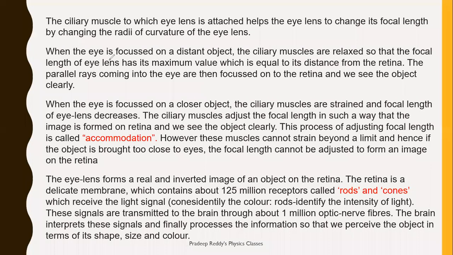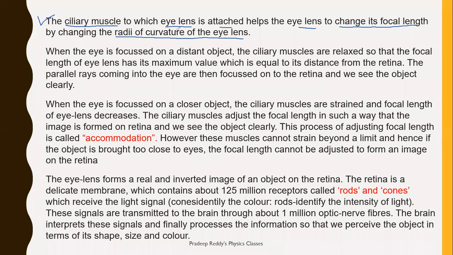Coming to the first point, the ciliary muscle. I have already told you where the ciliary muscles lie in our eye. The ciliary muscle, to which the eye lens is attached, helps the eye lens change its focal length by changing the radii of curvature of the eye lens.